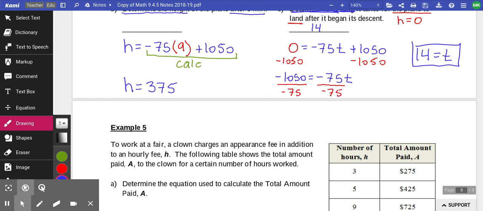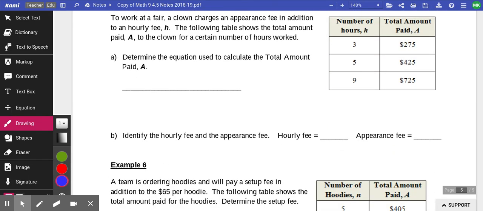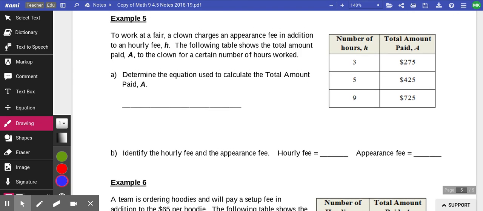Cool. I'm going to rip through these last two because I think you guys just need practice, and you're bored of me. So if we look at this question, this is a hard one because the independent variables aren't going up by 1. If you look at the independent variable, it's kind of sporadic.